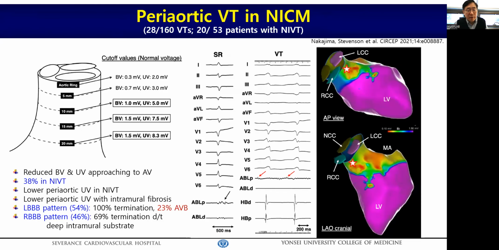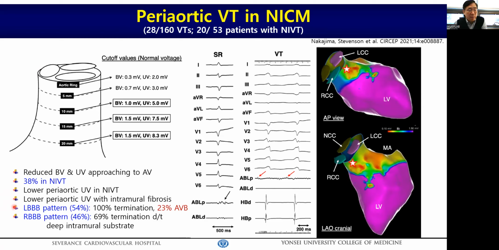Stevenson reported sophisticated mapping of peri-aortic VT in patients with non-ischemic VT, and peri-aortic VT substrate were mappable in 38% of non-ischemic VT. Moreover, the proportion of VT showing LBBB and RBBB pattern were half and half.